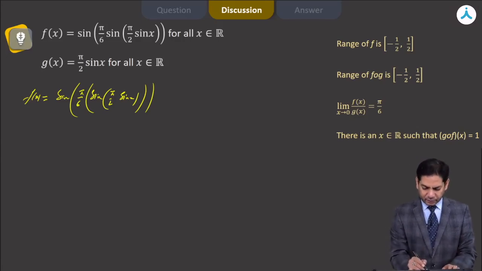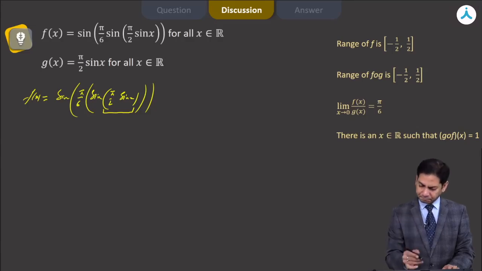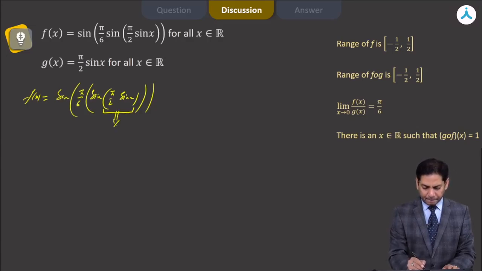For that, let's focus on pi by 2 multiplied by sine x. That is always going to be between minus pi by 2 and plus pi by 2, because sine x can take values only between minus 1 and plus 1, closed interval. Now we calculate the sine of these values.